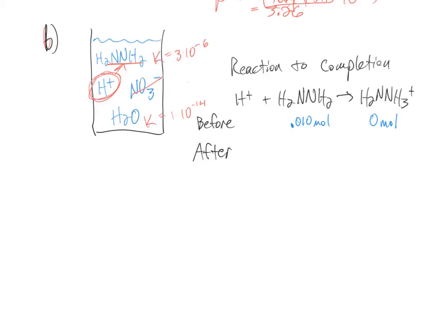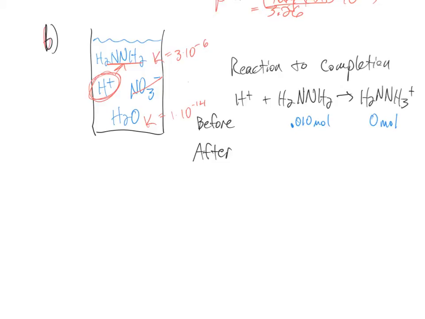So it's going to be all the same for this setup. The thing that will change is going to be the initial number of moles of hydrogen ions, because you'll have added different numbers of milliliters with each different part of the problem.